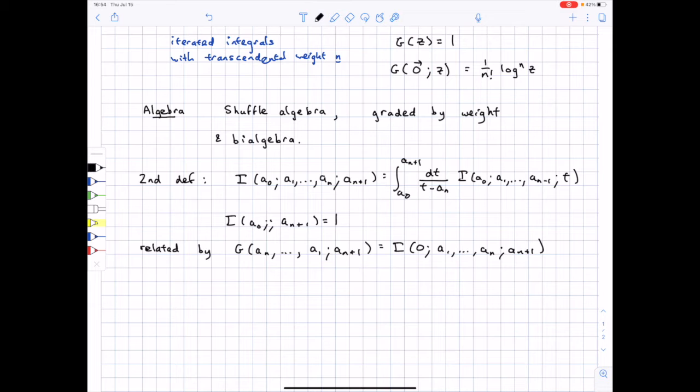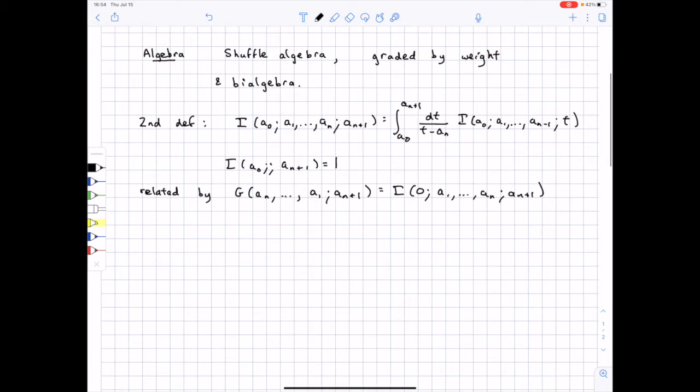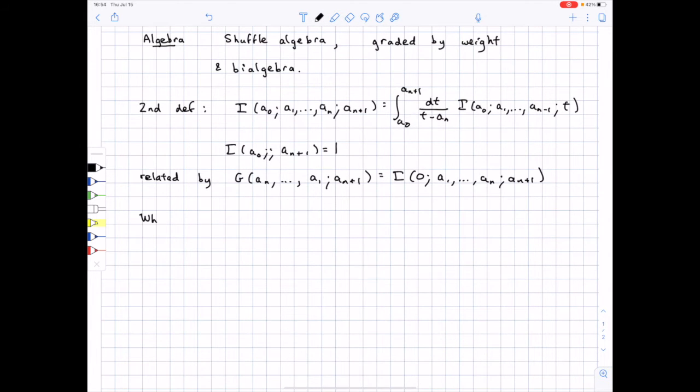Now we can define the coproduct if we assume that these arguments, the a_i, are completely generic, meaning they're not taking special values and don't have relations among them that could spoil the relations that I'm about to show.